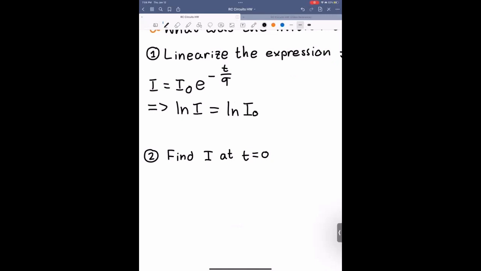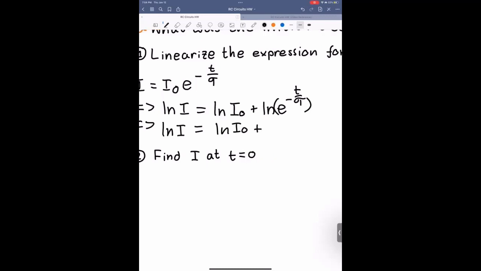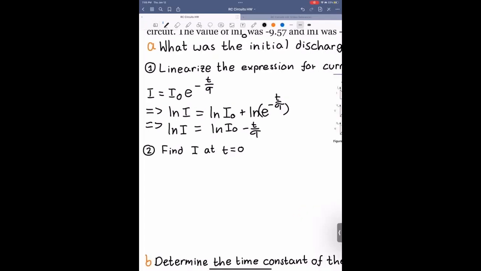Since I sub 0 and the exponential term are multiplied together, that means the natural log of that whole expression can be rewritten as ln I sub 0 plus ln e to the power of negative t over tau. Now, if you remember your log rules, we can move the power of whatever is inside the log to the front of the log. And the natural log of e is just 1, so that's our entire equation there.